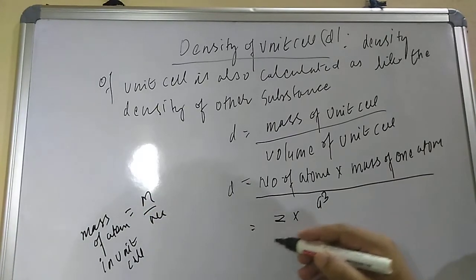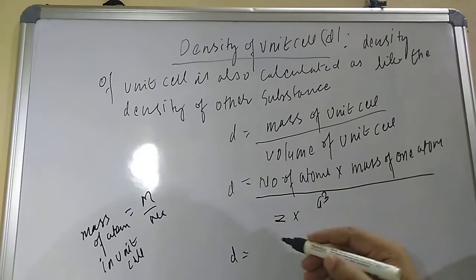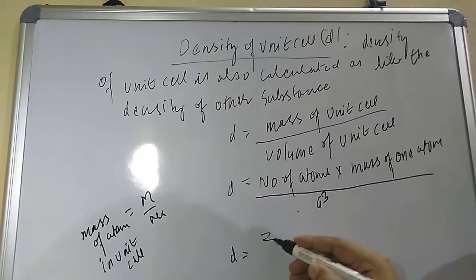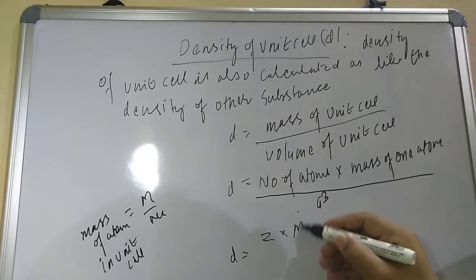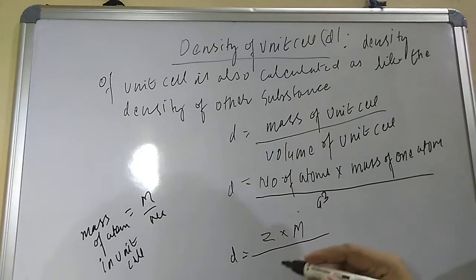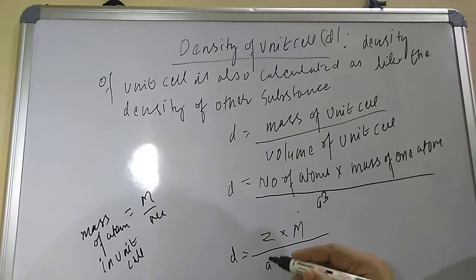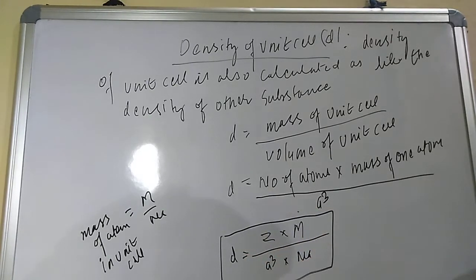So we can write in another step: D is equal to Z into M, where M is the molar mass, divided by Na into a cubed. This is the derivation of the density for the unit cell.